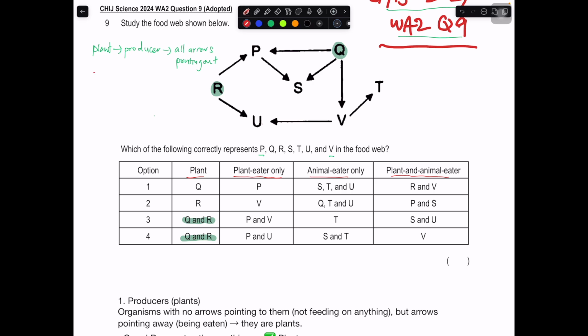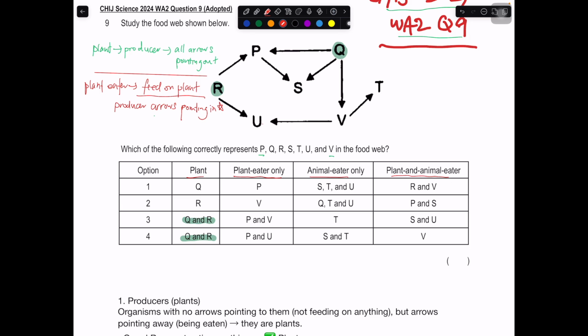Then next up, plant eater. Plant eater means it strictly feeds on plant and is eaten by other animals, right? So you have to look for the producer arrows pointing in. This is a clue. So you look at R and Q pointing to where?